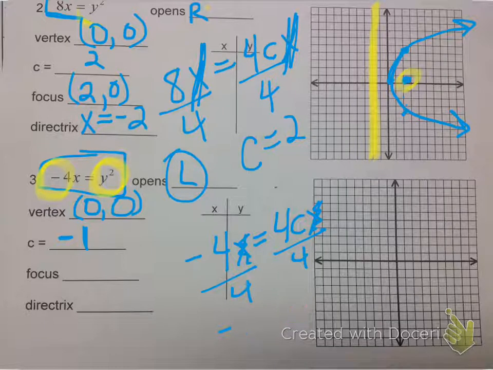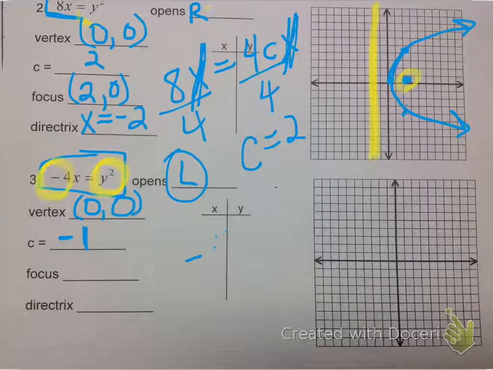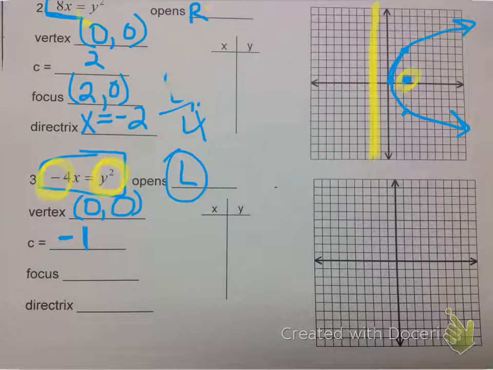Okay, so let's erase some space. Erase some stuff up here too. Alright, now my vertex is at 0, 0. And my parabola opens to the left, so I'm going to go left 1, because c is -1.